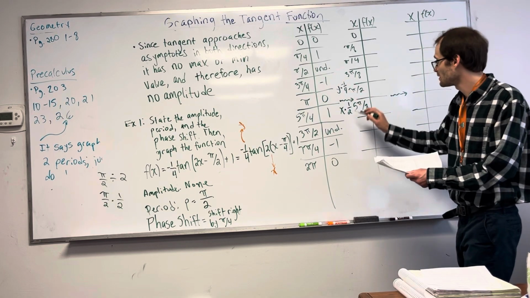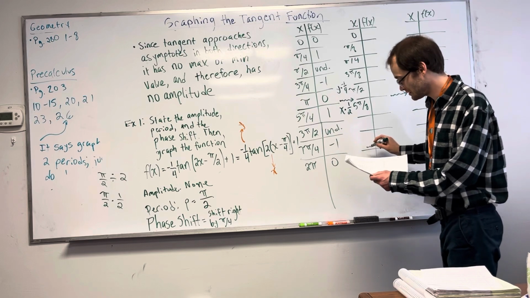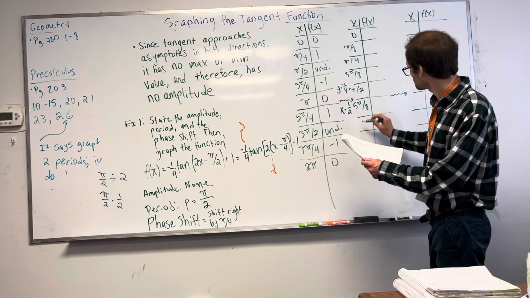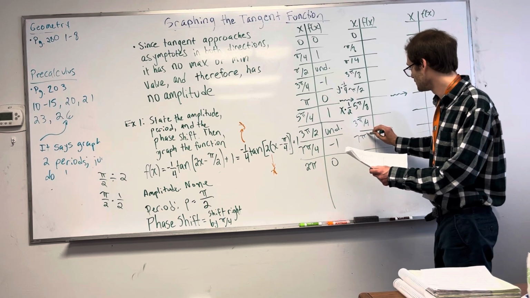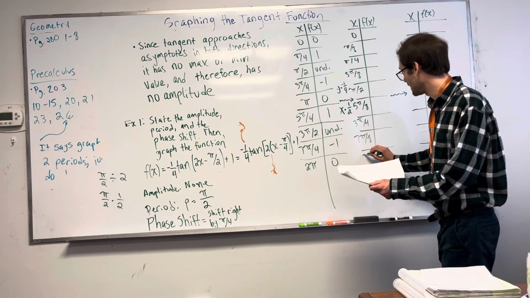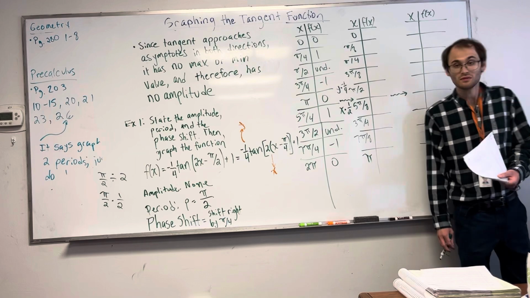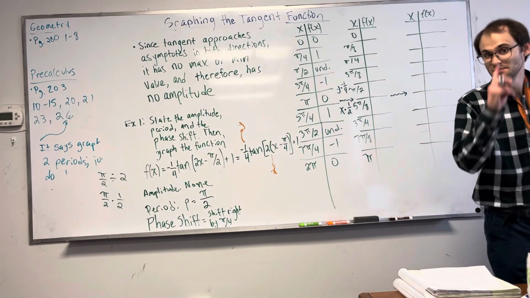What else we got? Let's see. I lost track. All right, 3 pi over 4, 7 pi over 8, and pi. Those are all your x coordinates.